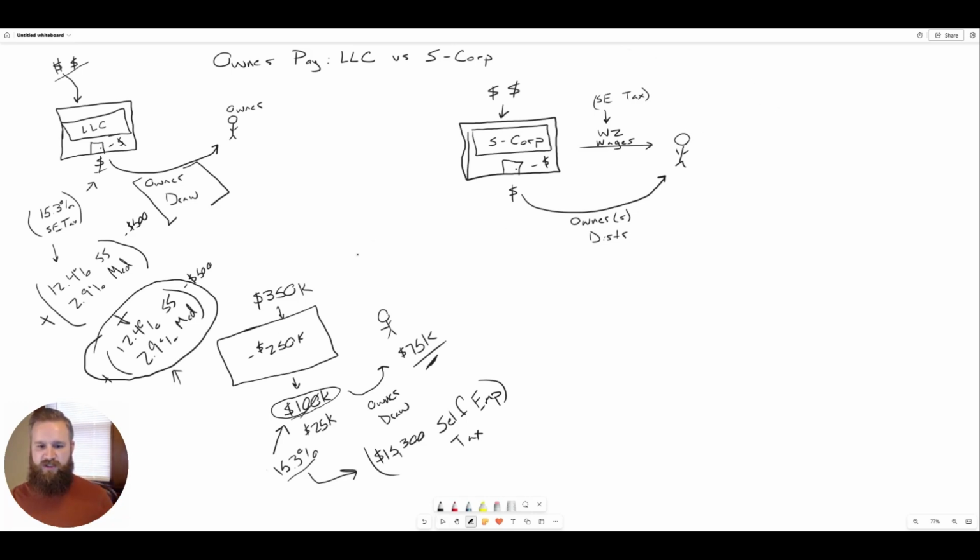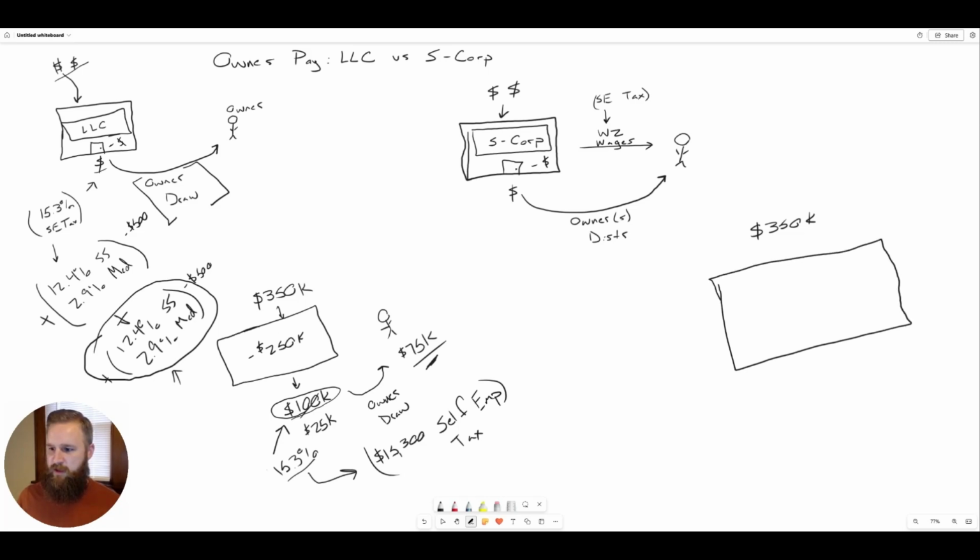Okay, so let's use the same exact numbers that we used over here for the LLC. Let's say that the S-Corp generates revenues of $350,000. Here's the S-Corp entity box. And just like before, it costs $250,000 to operate the business.